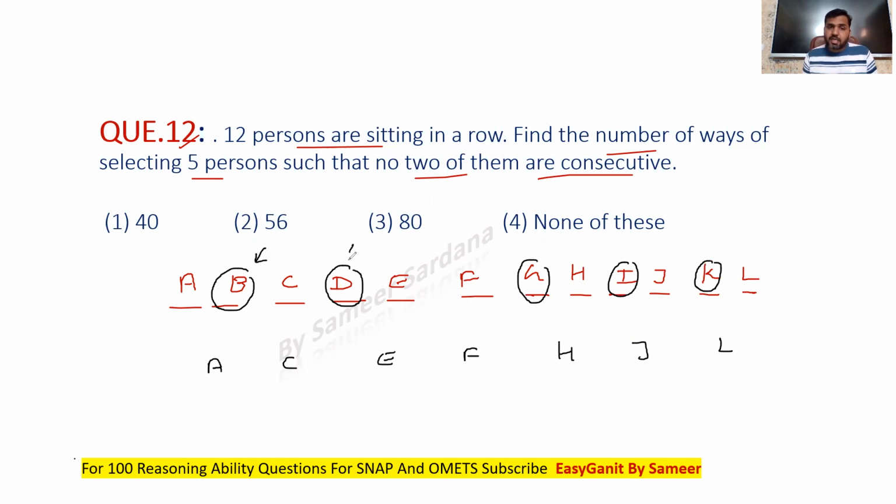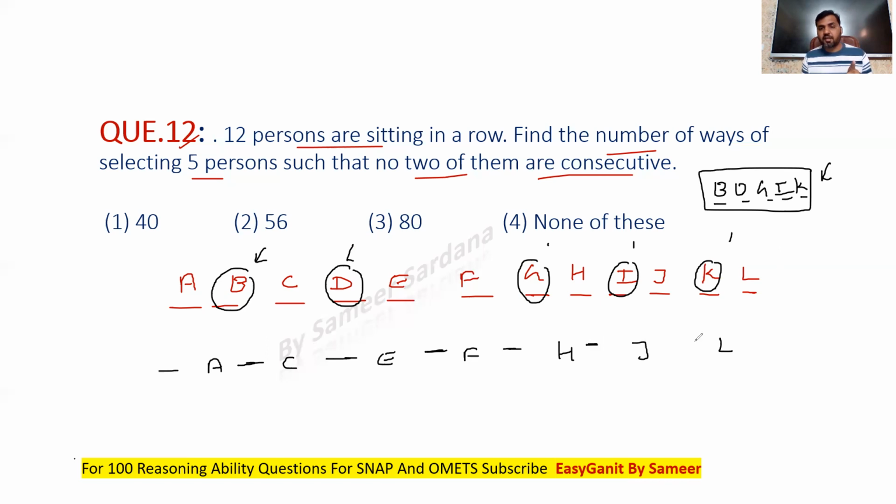That means the answer to the question will be the same as arranging B, D, G, I, and K in such a way that none of these 2 people are consecutive, right? The number of ways of arranging B, D, G, I, and K in such a way that no 2 of them are together. I need to arrange them among the spaces between these, right?